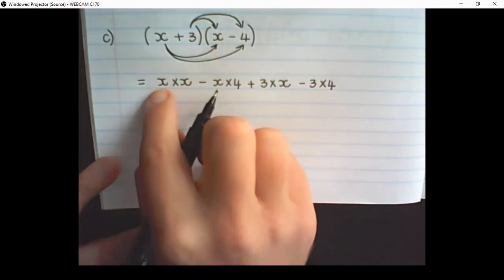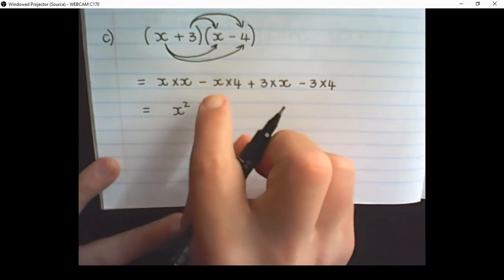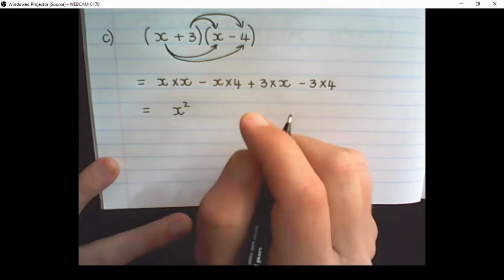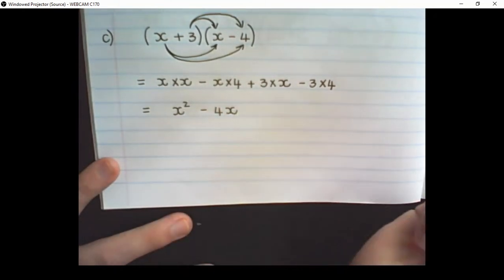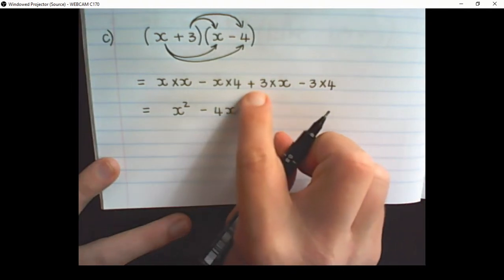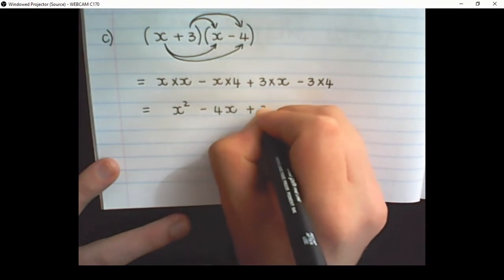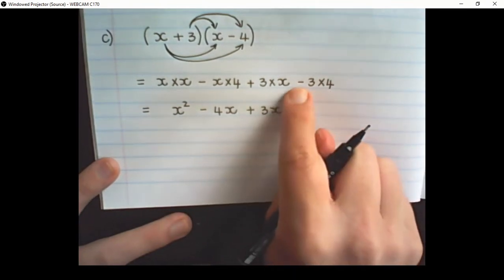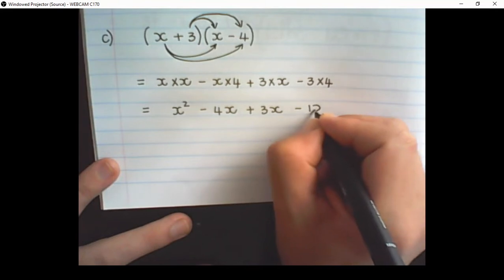So x times x is 2 x's, so it's x squared. Negative x times 4, we write the number in front of the variable, so it's negative 4x. Plus 3 times x, so it'll be plus 3x. And negative 3 times 4, which is negative 12.